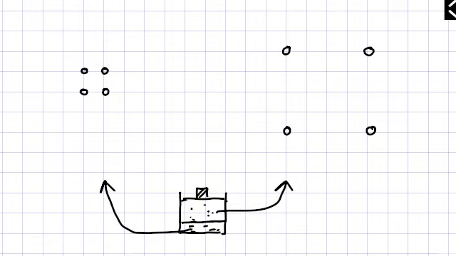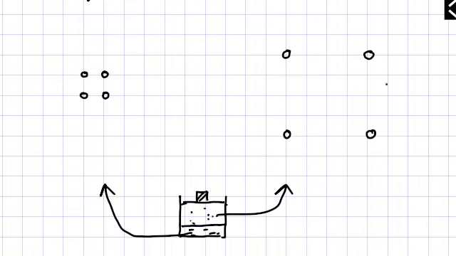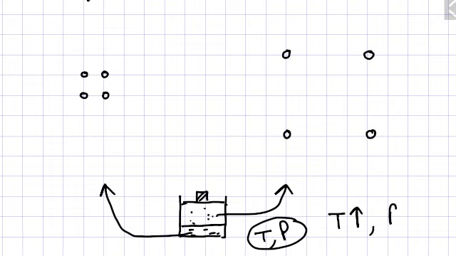Now what we will do is change the temperature and pressure of this arrangement. We will increase the temperature, and also we will increase the pressure. So what will happen because of this?